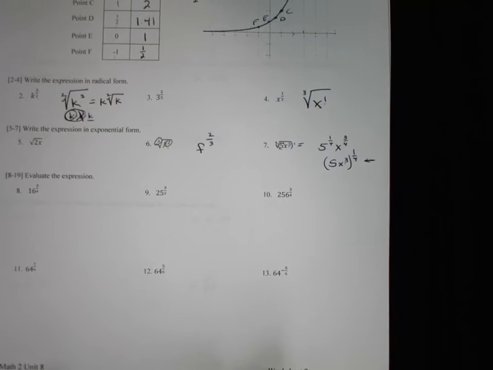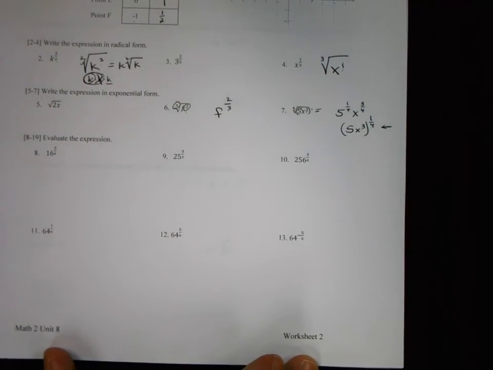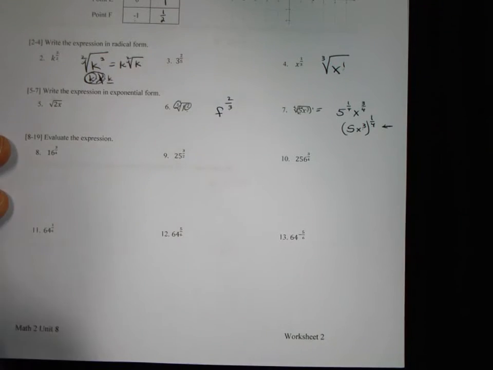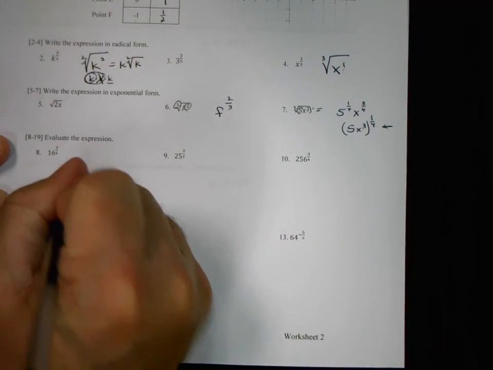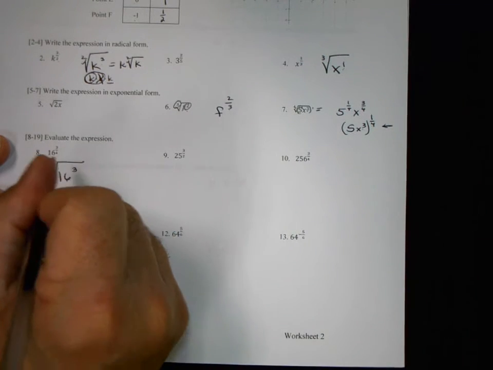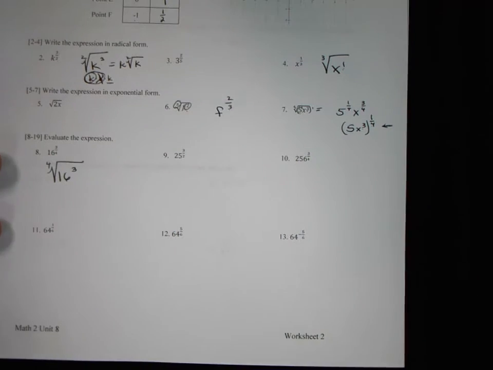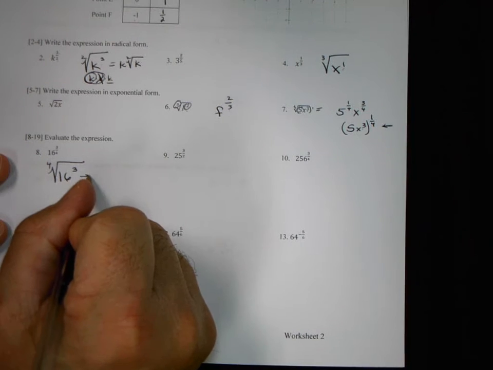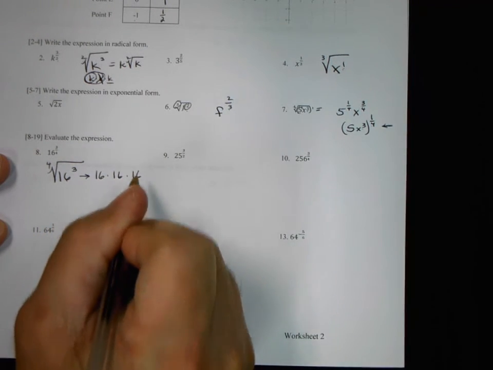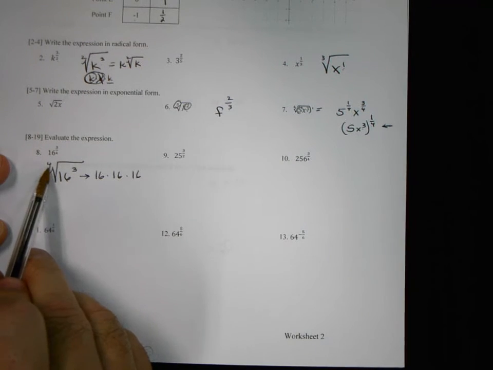Let's go down to number 8. They want us to evaluate 16 to the 3/4. Well, if we take 16, the exponent is 3, and the 4th root. 16 to the 3rd is 16 times 16 times 16. We're looking for the 4th root.